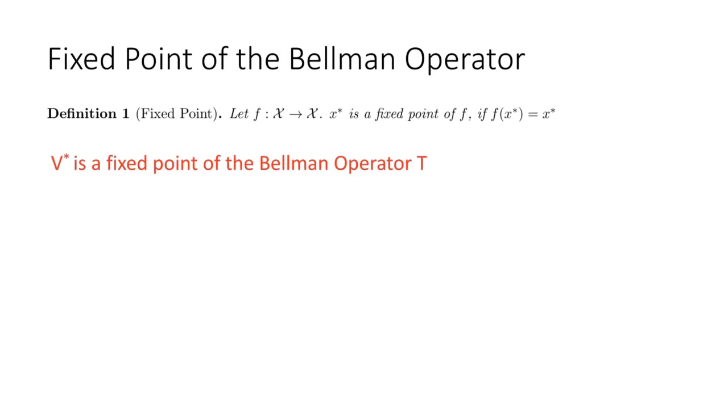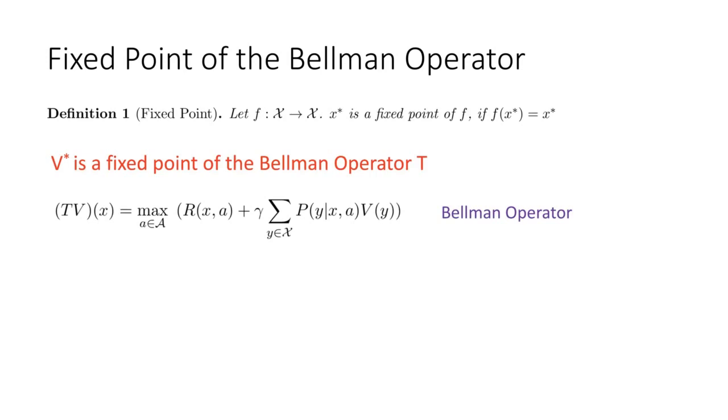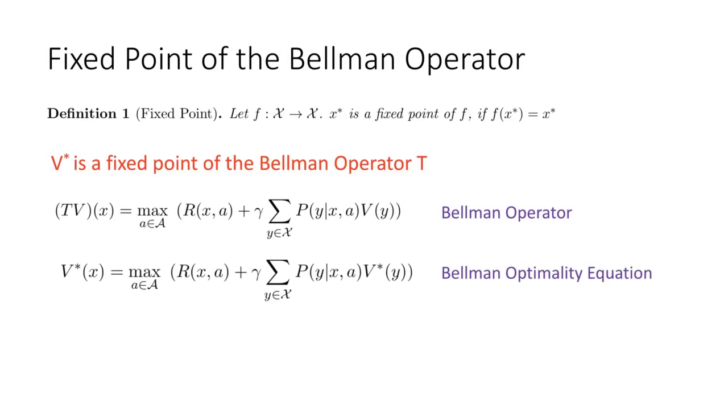The first claim is that V star, our optimal value function, is a fixed point of the Bellman operator T. There's nothing very mathematically deep about this. It is just because of the way we define the Bellman operator and the Bellman optimality equation. Remember, this is how we define the Bellman operator as a function. Given any V, you can compute the output of that function. But we know that according to the Bellman optimality equation, according to the intuition that we developed, the optimal value function satisfies this equation.